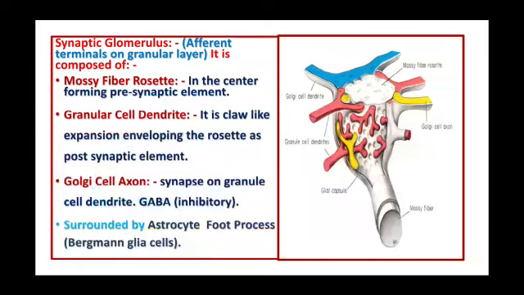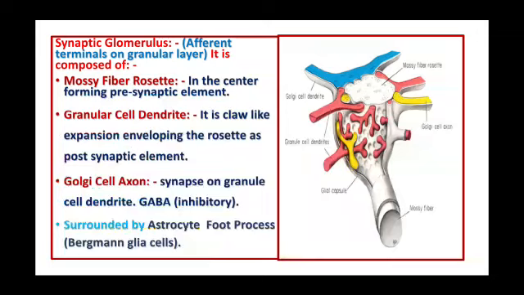Now we'll see what is called a synaptic glomerulus. These are afferent terminals on the granular layer. This synaptic glomerulus comprises the mossy fiber rosette in the center, forming the presynaptic element. So that is the main structure, the mossy fiber rosette.